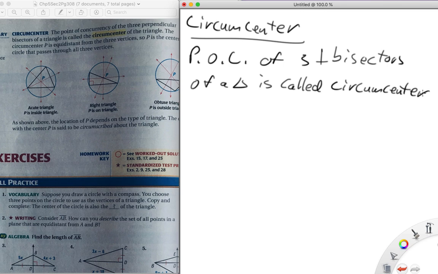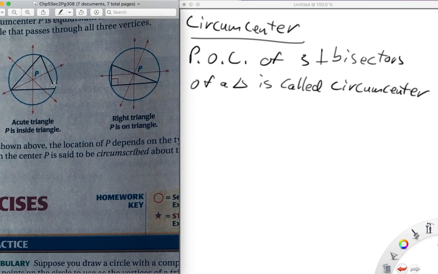Okay, we have three types of circumcenters. The one that we've been dealing with primarily is when the triangle is an acute triangle.